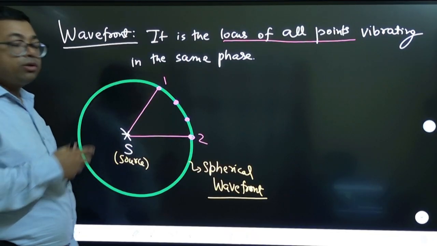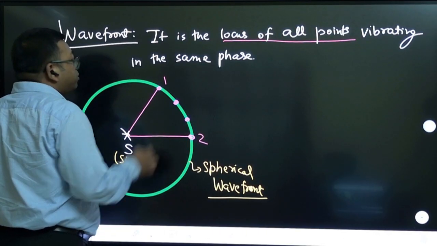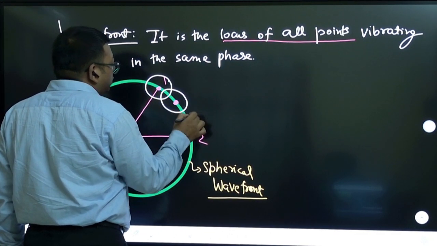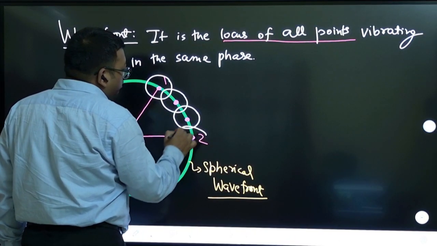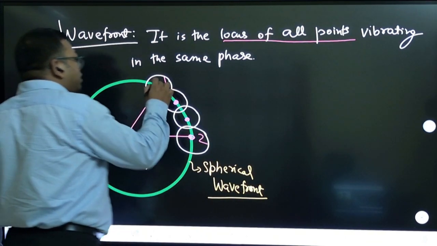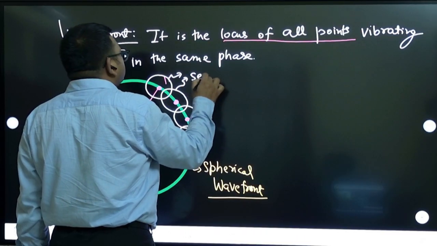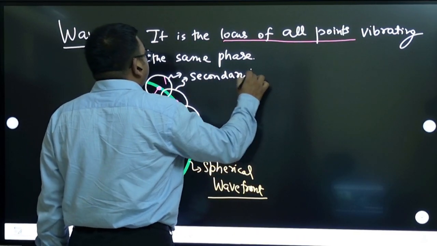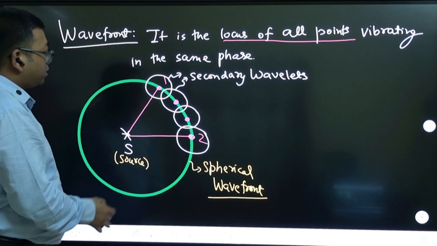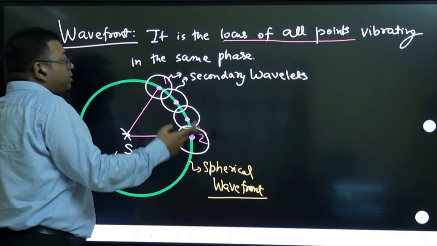Each point behaves as a source, which means each will produce its own wavefront. Like that, they will be producing wavefronts. These wavefronts are called secondary wavelets. Each point on this spherical wavefront is behaving like a secondary source, so they are producing secondary wavelets.